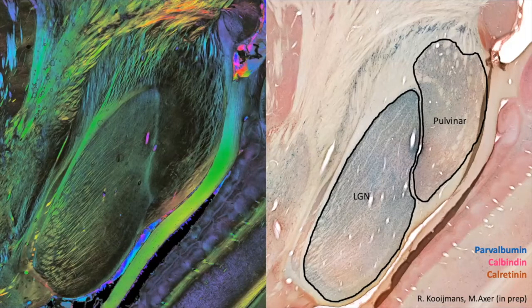This kind of very specific staining has been done in Amsterdam by means of Roxana Koymans. So all these guys give us additional information on the different levels of connectivity.